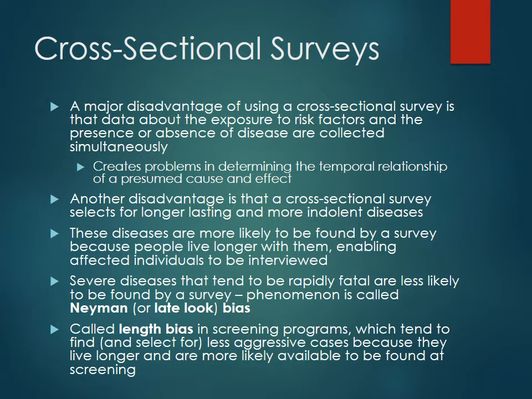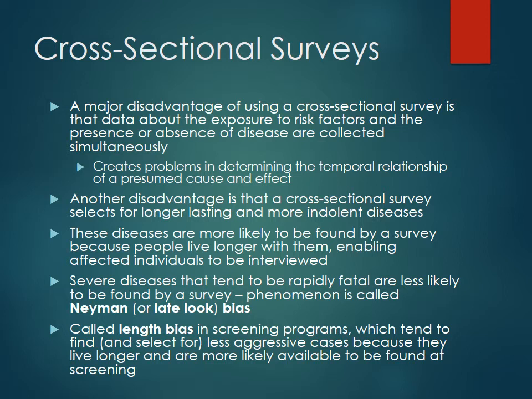Another disadvantage is that a cross-sectional survey selects for longer lasting and more indolent diseases. This is going to be called late look bias or Neyman bias. Essentially what we're seeing is that patients who are living longer with a disease or have more indolent cases or slower progressing, they're going to be sticking around for longer. So you're more likely to end up surveying them than someone who had a rapid progression of disease and, say, died or no longer had the disease afterwards, right?